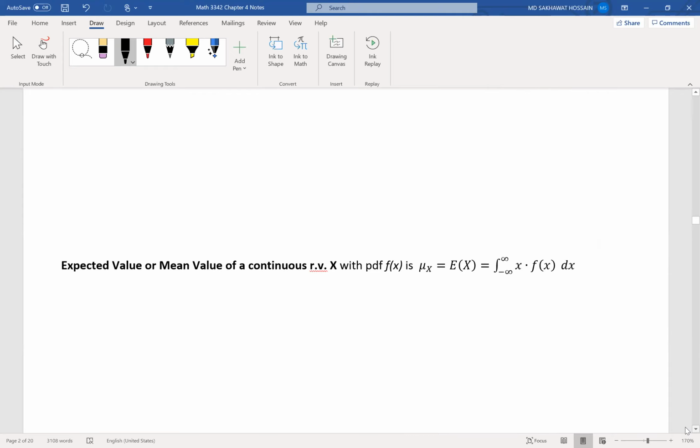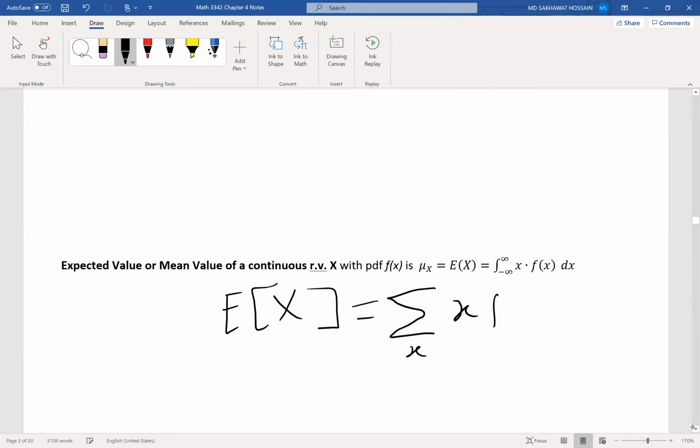And in the discrete case, we have calculated the expected value, and the expected value of X for the discrete case was the summation of x times f(x). That means you have to take the product of x and the corresponding probability of x, and then add them together. Here the definition is exactly the same.